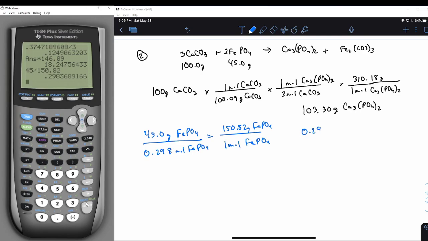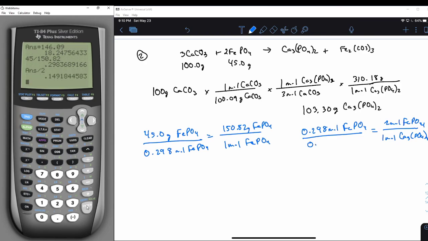So we can continue that on to the mole ratio. So it is 2 moles of FePO4 to 1 mole of Ca3PO4 2. So we have to divide that by 2. And we get 0.149 moles of Ca3PO4 2.